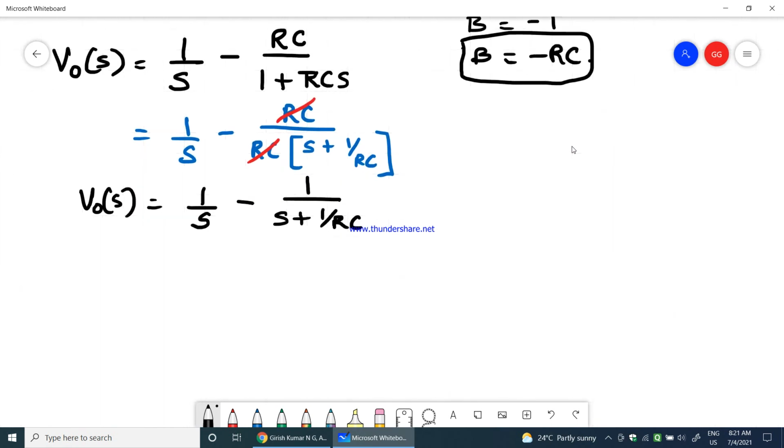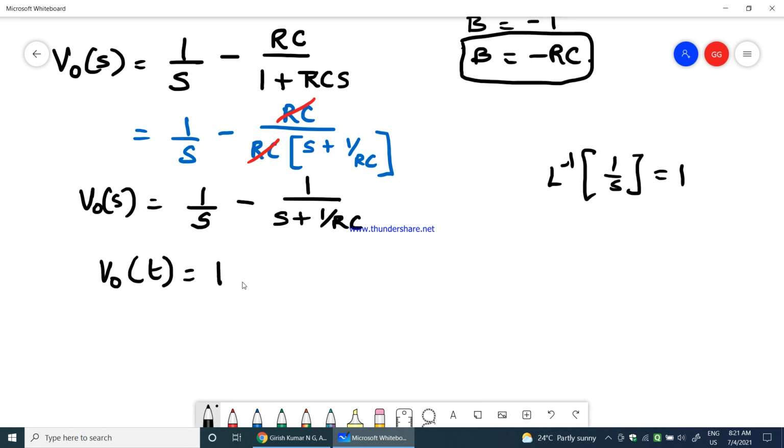Okay, 1 over S minus 1 over S plus 1 over RC. Now, if I apply the inverse Laplace transform for this particular equation, I will be getting V out of t equals, so Laplace inverse of 1 over S is equal to 1.